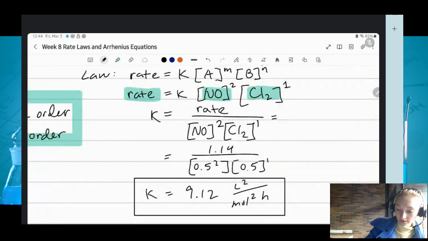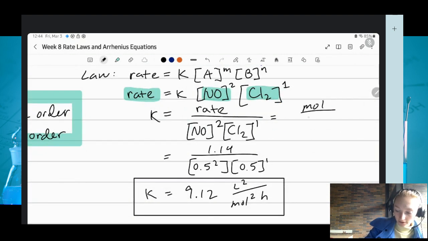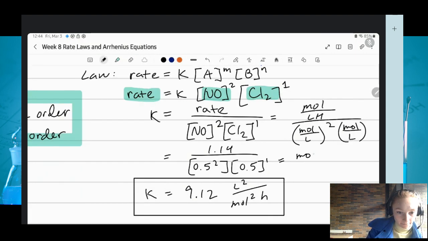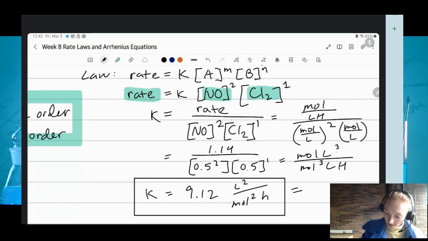So the rate was moles per liter per hour, and then the concentration was squared, so that's moles per liter, squared, and then moles per liter. And so everything in the end was going to be moles times liters to the third power, divided by mole cubed, and then L, and then H. So everything checked out because one of the liters canceled out, so it's going to be liter squared. This mole was canceled, so it's mole squared, and then H.